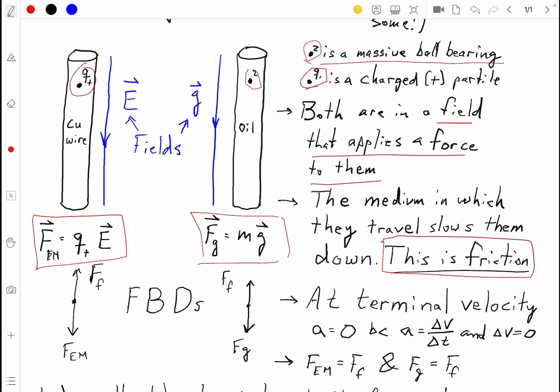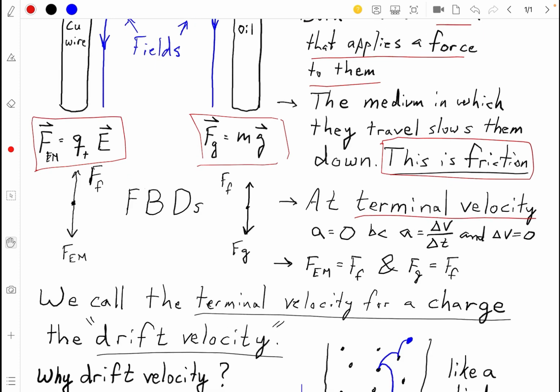And we all know if you drop a rock over a bridge or whatever, for a while it accelerates, but it quickly gets to a point where it's not going to accelerate anymore. And that is what we call terminal velocity, right? So terminal velocity happens fairly quickly.